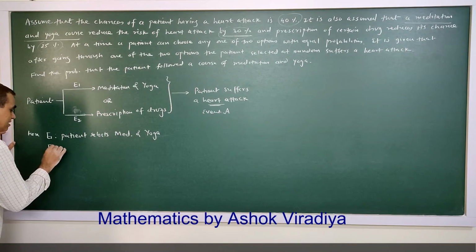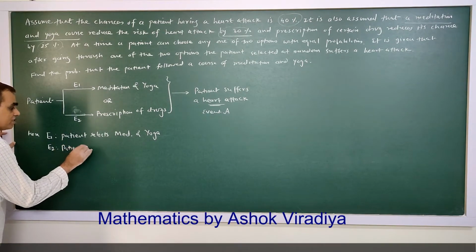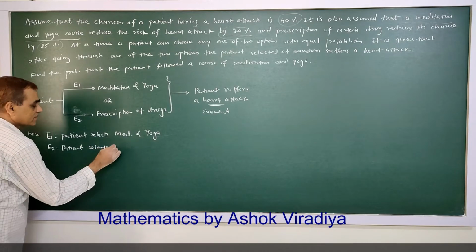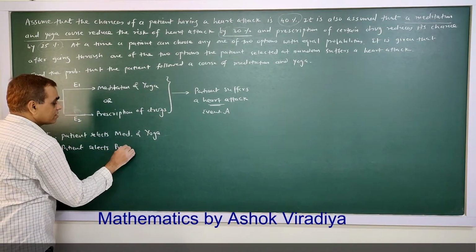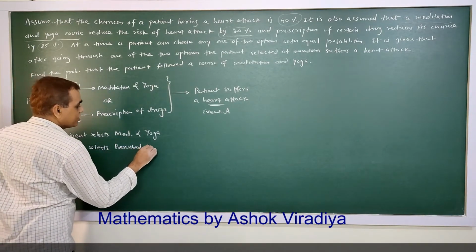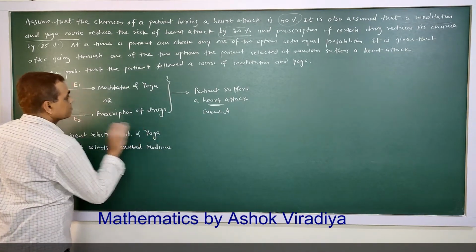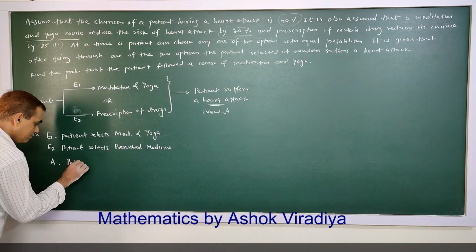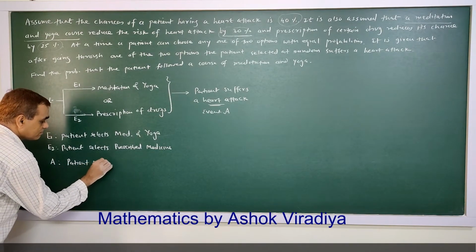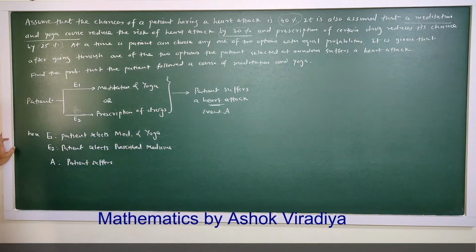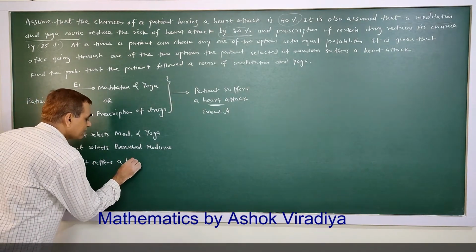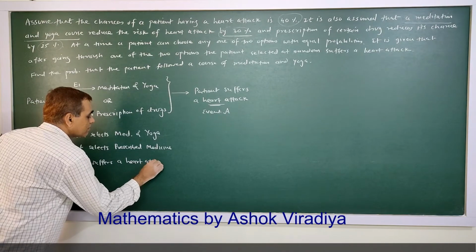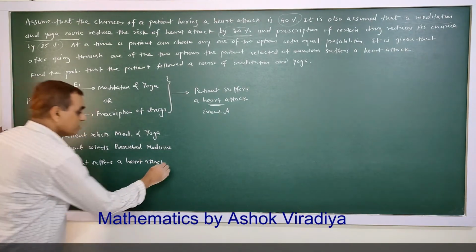E2 is event that patient selects prescribed medicine, and E is the event that patient suffers a heart attack after choosing.